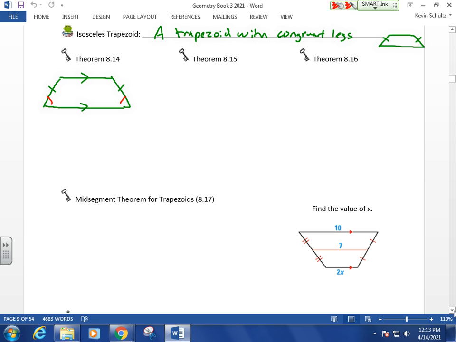So you have this pair down here will be congruent, and this pair up top will be congruent to each other as well. So if you're told a trapezoid is isosceles because you know its legs are congruent, you can conclude that each pair of base angles is congruent as well.